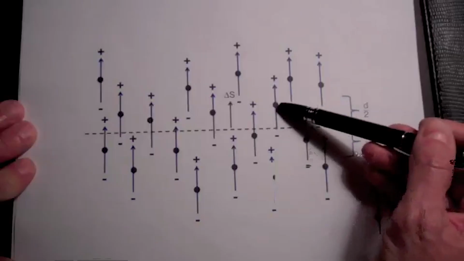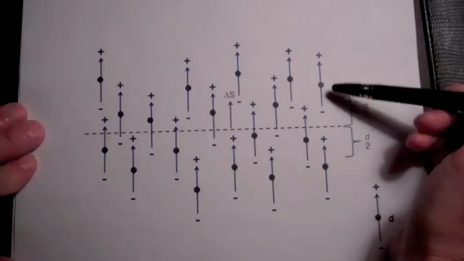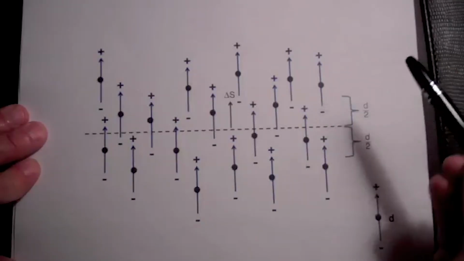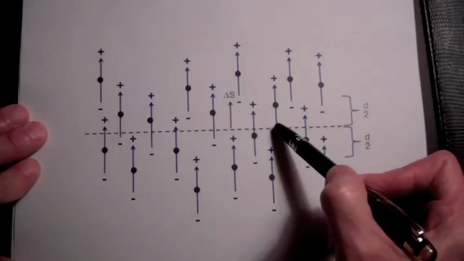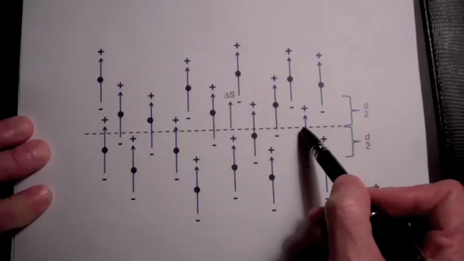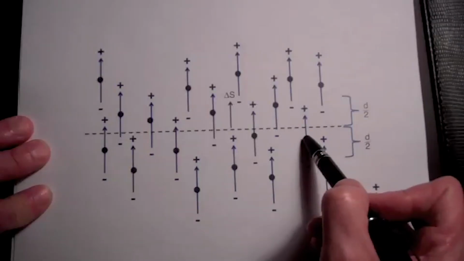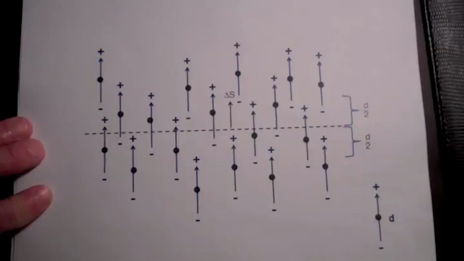For atoms that are within a distance of d over 2, where d is the displacement of the plus and minus charge when the dipole forms, those will push a charge of minus q down through the interface, whereas atoms within a distance d over 2 below the interface will push a charge of plus q up through the interface.